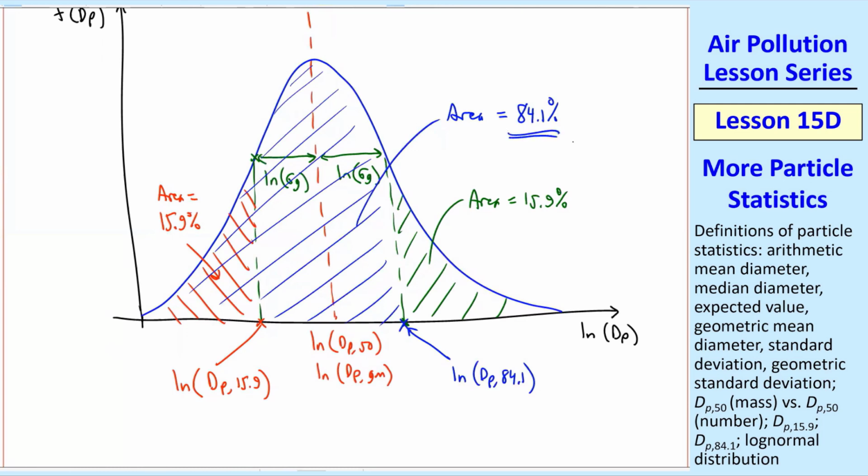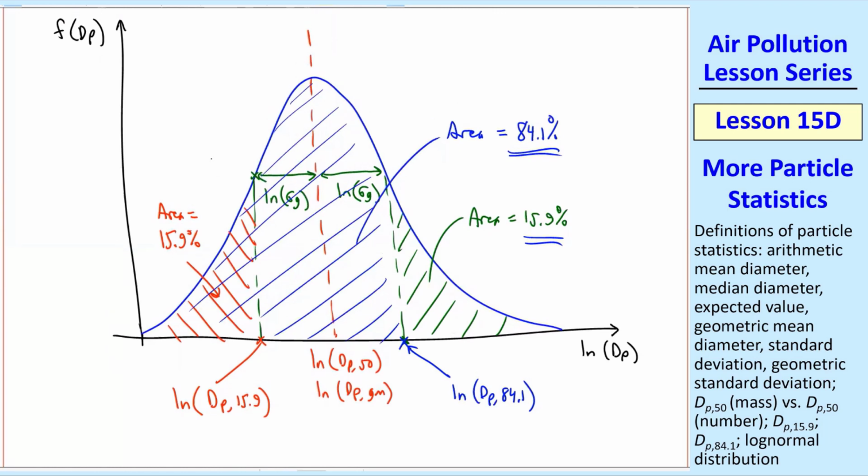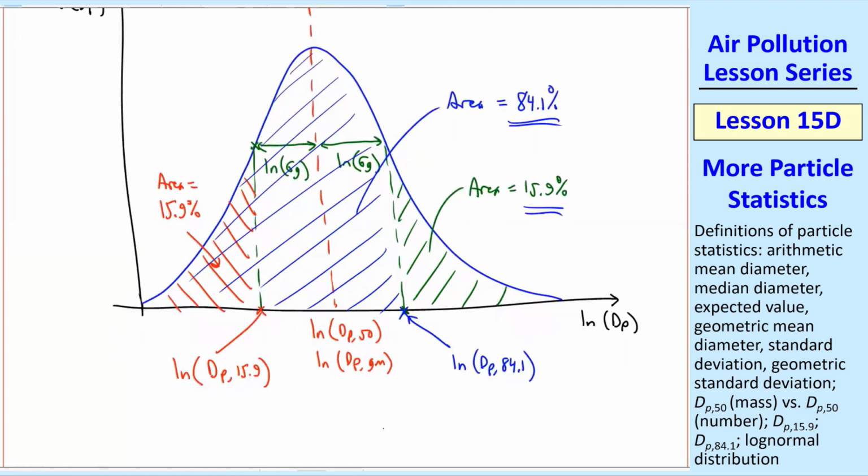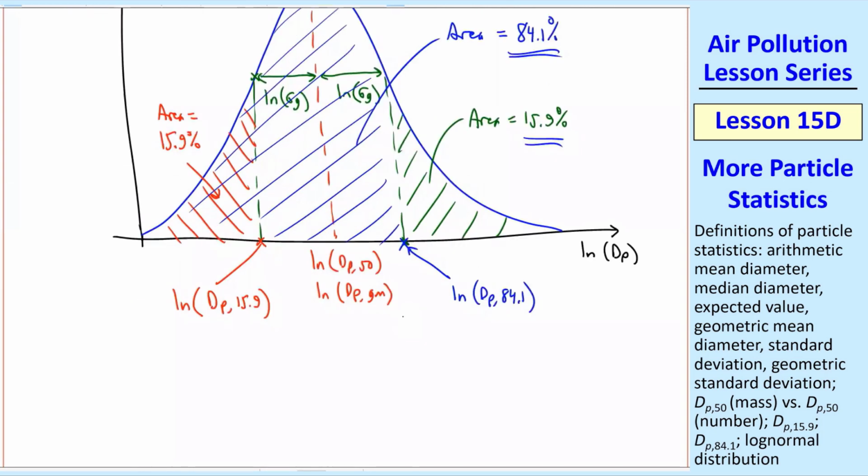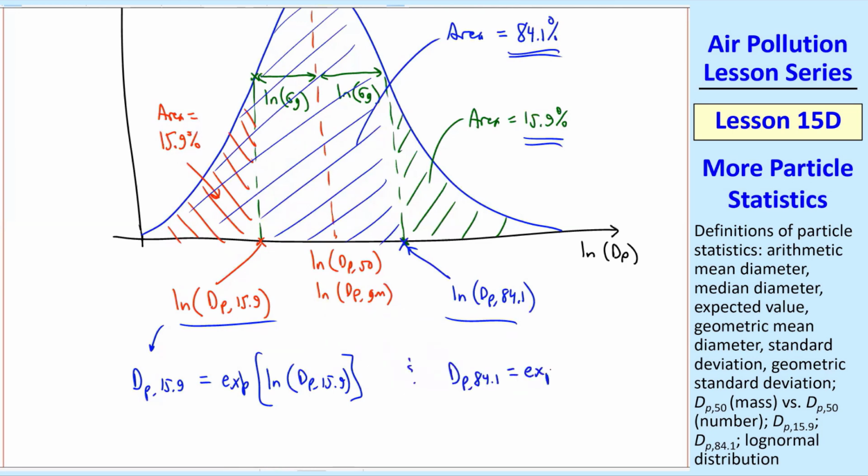If you add 84.1 and 15.9, the blue and the green areas here, you get 100%, which you have to because the area under any PDF has to be 100% or 1. So that's kind of cool, and I hope it helps explain some of these statistics. Once we have these, we can calculate dp 15.9 as exp of the natural log of dp 15.9 and do the same for 84.1.